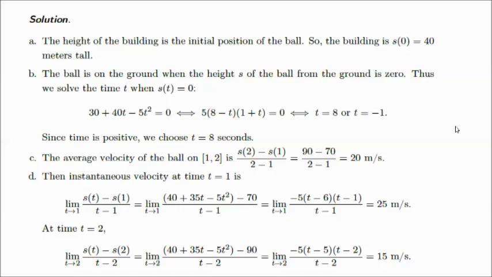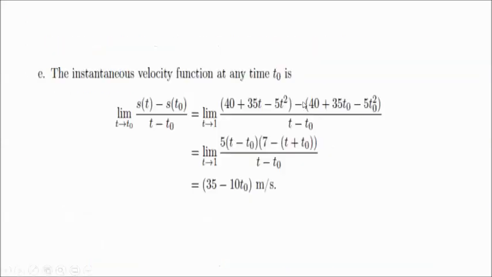Dito in the context of velocity, position and time. Okay? So 15. So at that instant, nung after 2 seconds, ito yung velocity ng ball. After 1 second, ito siya. Pero kapag average, ito siya from 1 to 2. Ito yung average.